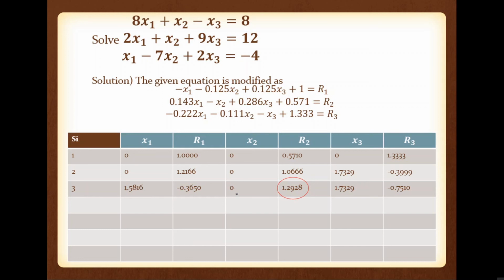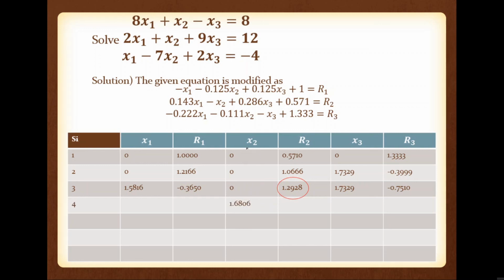So the new x2 equals the previous x2, that is 0, plus w, that is 1.3, into R2, that is 1.2928. Okay. So what is the new x2? 1.681. Okay, for me it is 1.6806. Okay, so that is the x2 value.